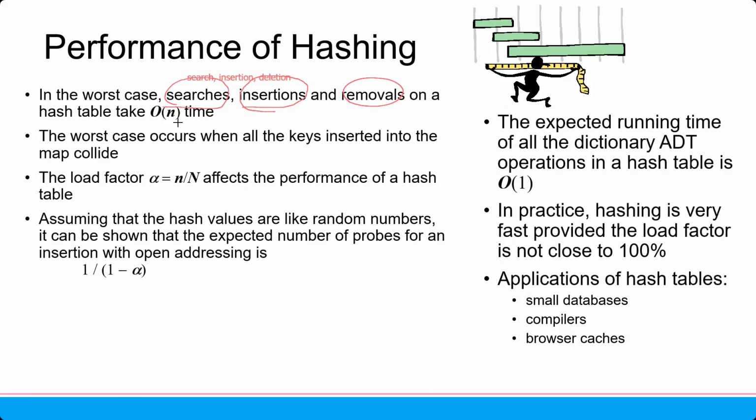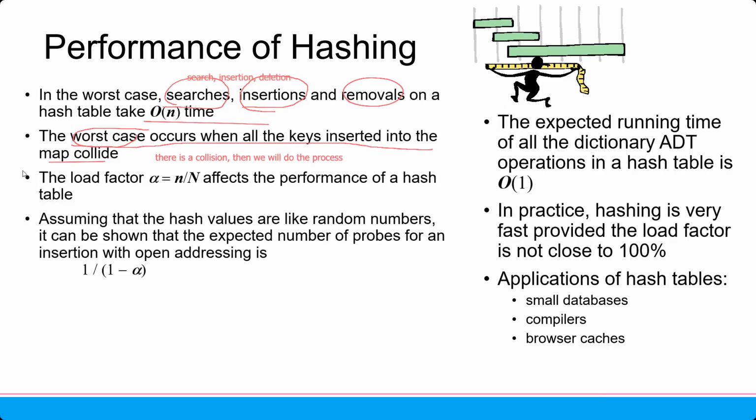All of them will give you O(n) time. The worst case occurs when all the keys inserted into the map collide. So the worst case means if there is a collision, then we do the process until n time.